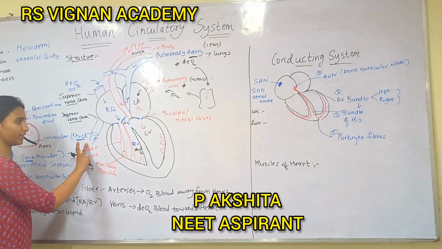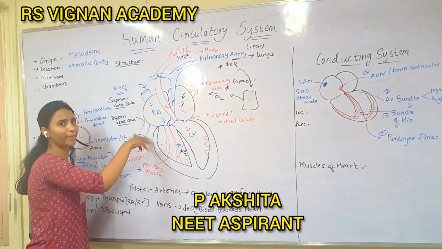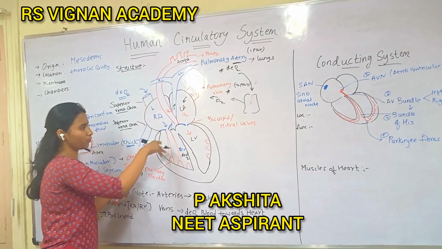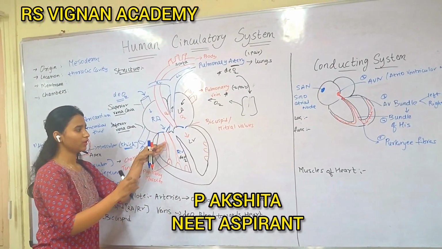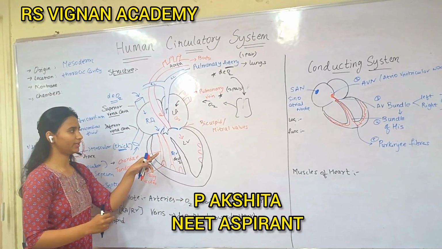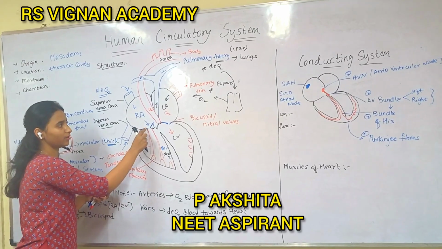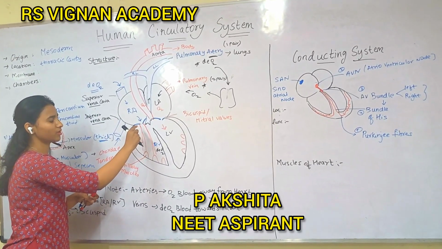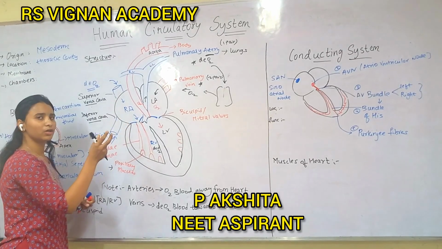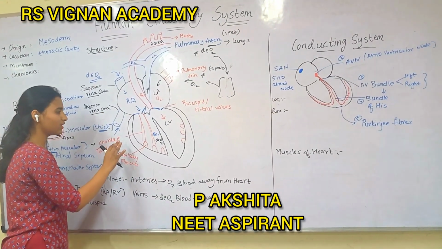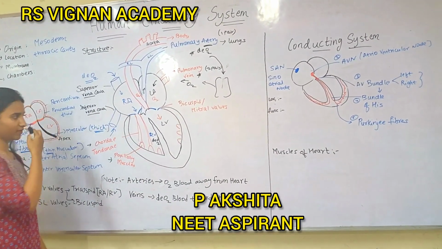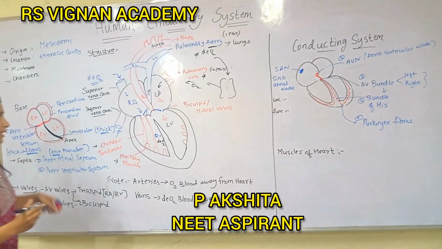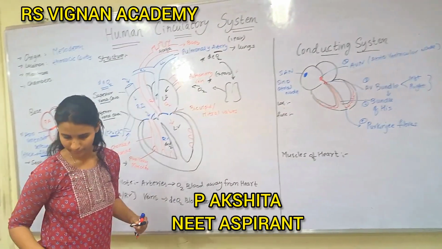These chordae tendineae will help to prevent the backflow. When the blood is flowing like this, these chordae tendineae will push the valves downwards such that it can prevent the backflow of the blood. Now let's just draw a flow chart.